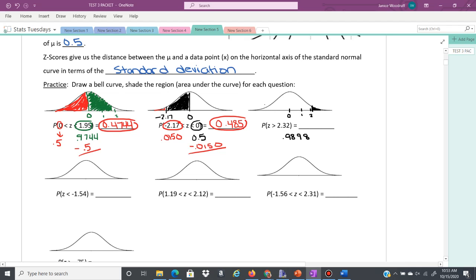So 0.9898 is this whole area here. So what we want is the area in the opposite direction. So if we just do 1 minus 0.9898, that'll give us this remaining area right here. So 1 minus 0.9898 is going to be 0.0102.